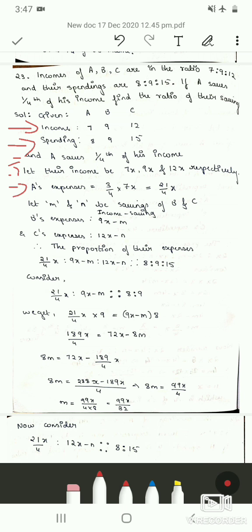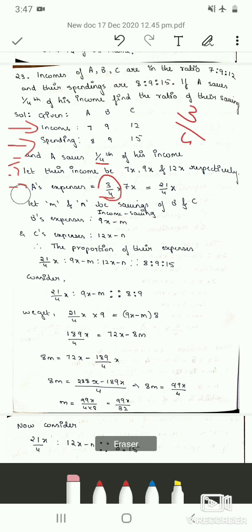So A's expenditure is 3/4 of 7x. How we got this 3/4 is, if A saves 1/4 of his income, then whatever remains, that is 3/4, 1 minus 1/4 is 3/4, is obviously his expenditure.